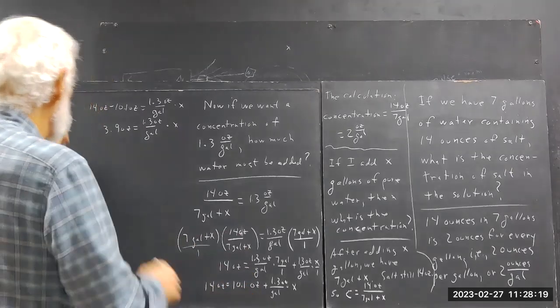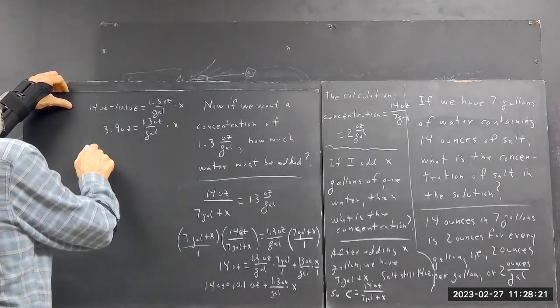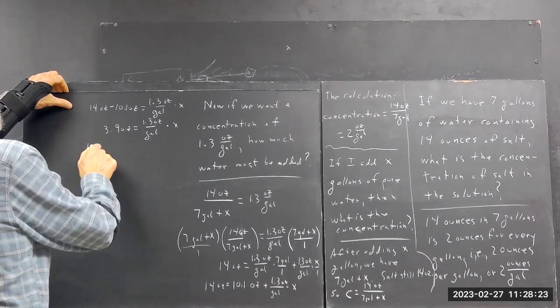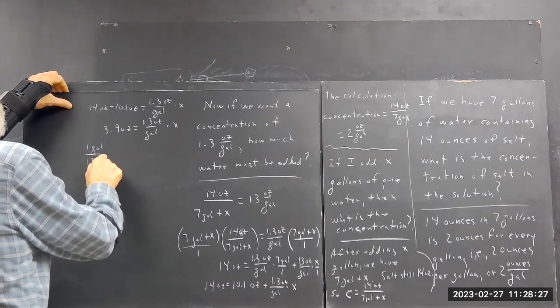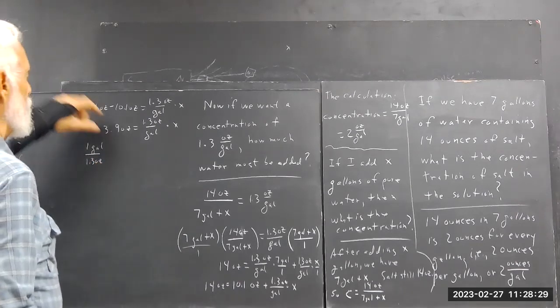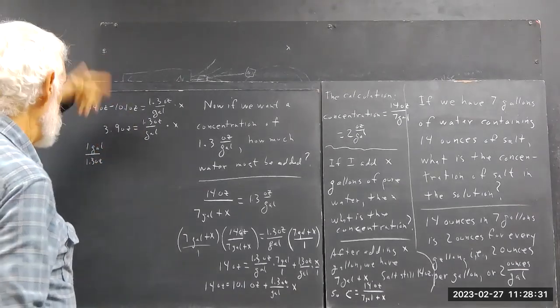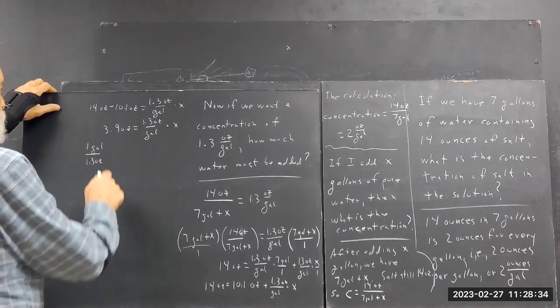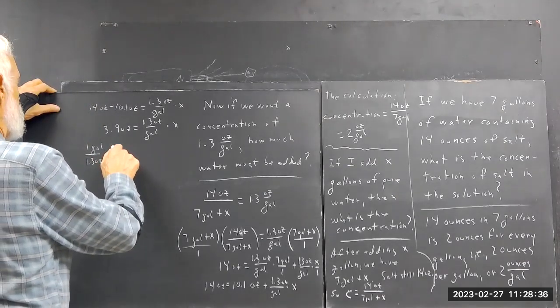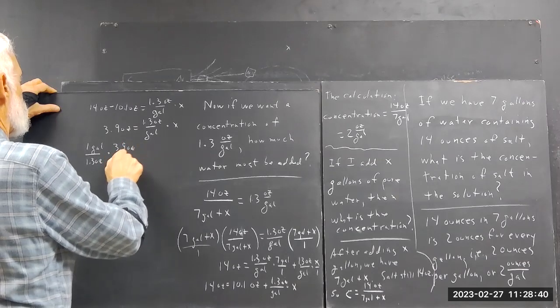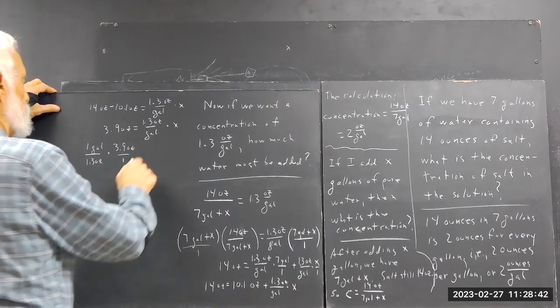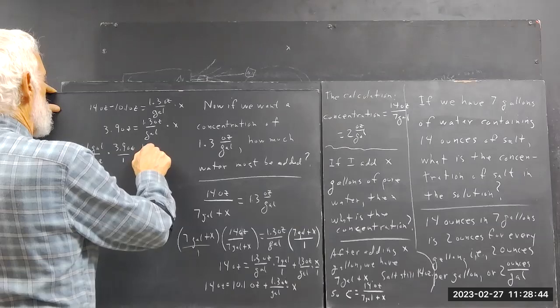Okay, we multiply by the reciprocal. Now, this gallon could be written as 1 gallon, so we have 1 gallon over 1.3 ounces times 3.9 ounces over 1 equals 1 gallon.